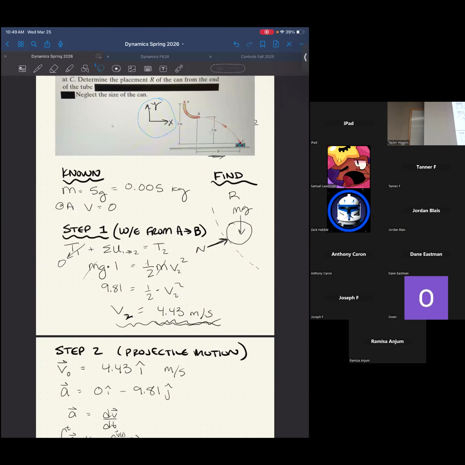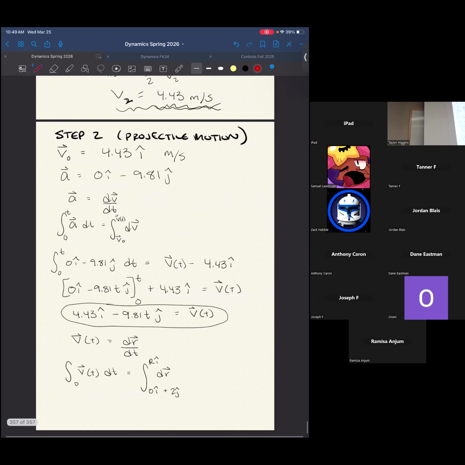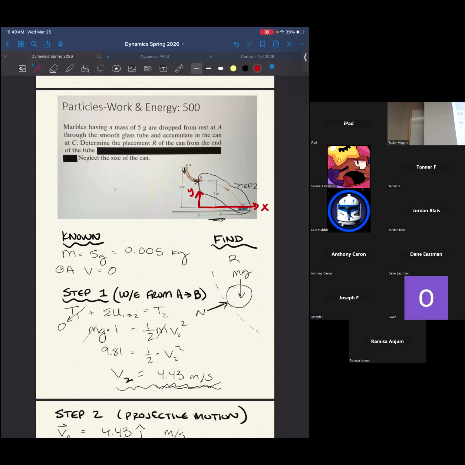Okay, so when we integrate for position, it's important that we know where we're putting our coordinate system. All of the decisions I am making are based on a coordinate system that's located here. I'm saying that my initial position is 2 meters up in the air and at 0 x, and my final position will be at 0 y, but r in the i direction.